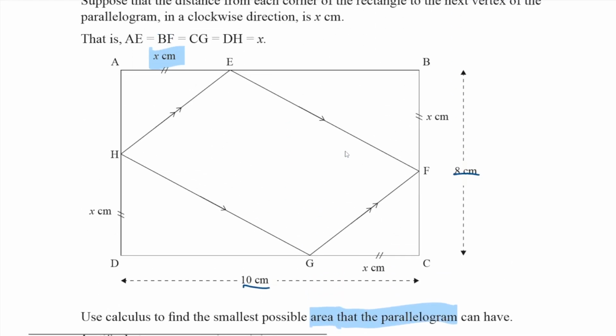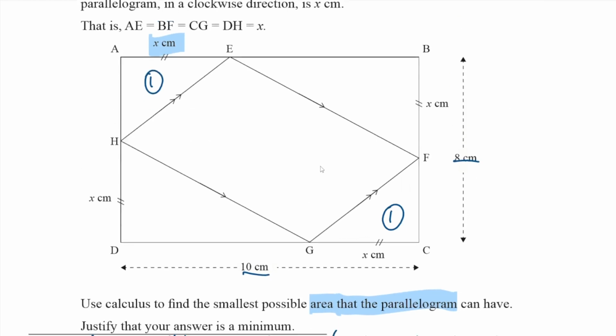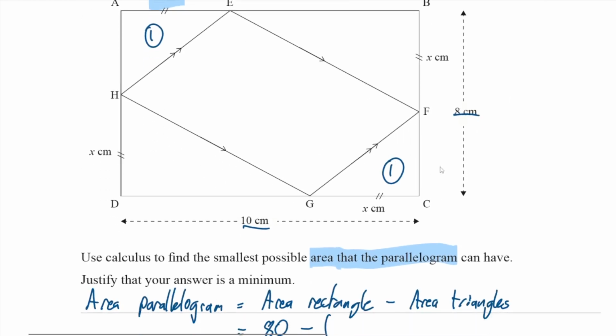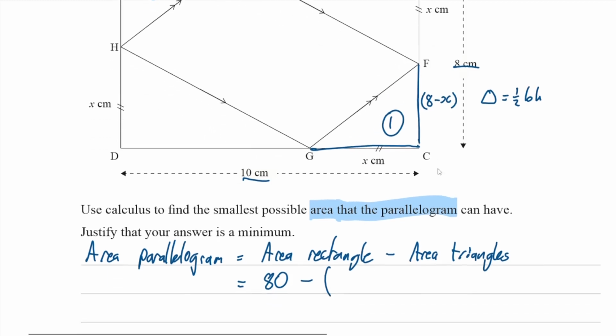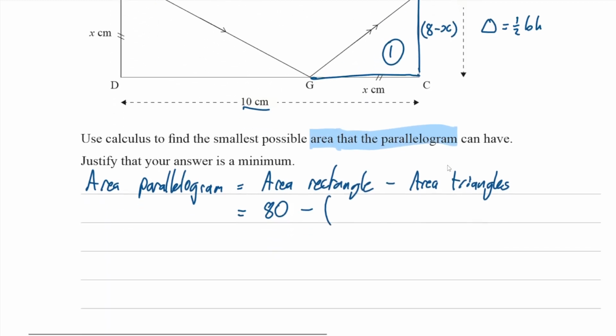So area of triangle 1: half base height. So base of x, height of 8 minus x, and we have 2 of them.